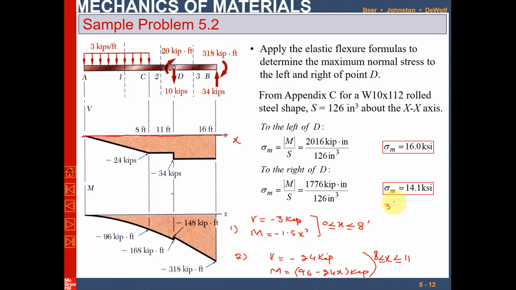For the third, we have V equal to minus 34 kips and M was 226 minus 34x kip-feet. And this is for x greater than or equal to 11 and less than or equal to 16. Now if you have all these equations, you can plot them.